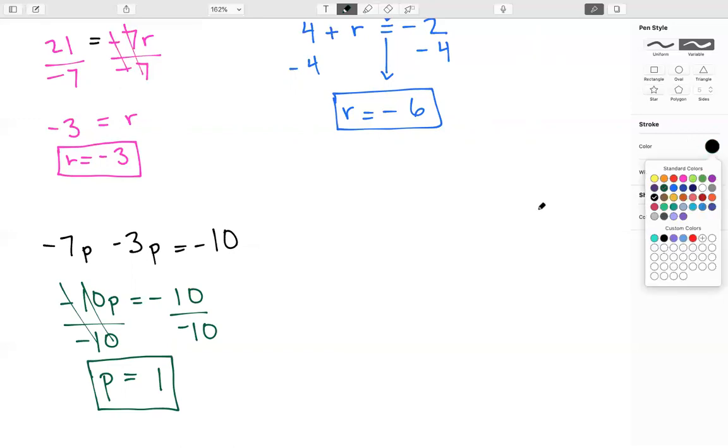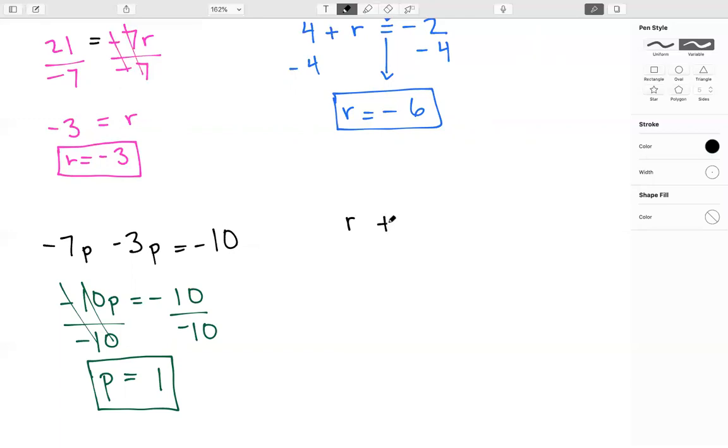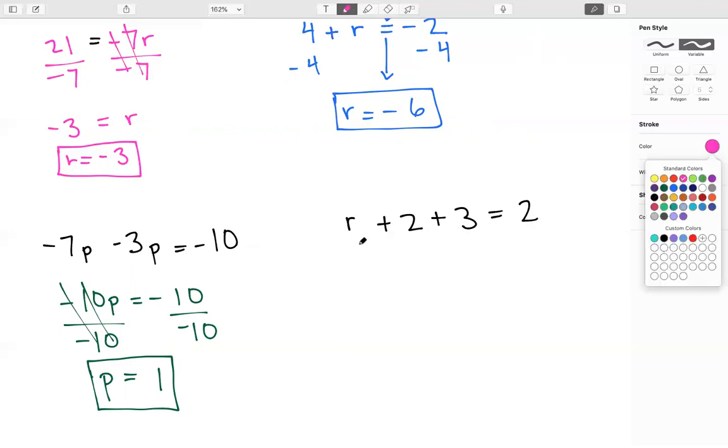Last one. r. We're using a lot of r's today. r plus 2 plus 3 equals 2. So what we're going to do is combine our like terms. Well, what are our like terms? So we have 2 and 3.